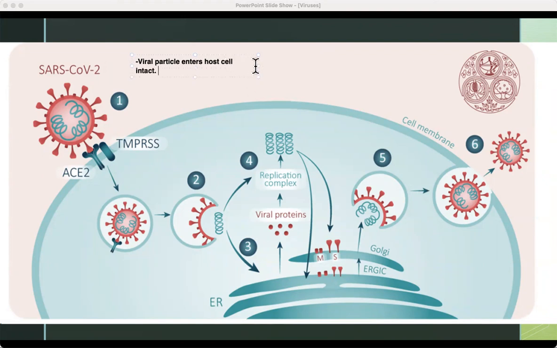Okay, so it enters the host cell intact. Then the viral capsid is degraded and the genetic material and enzymes are released. That's what you're seeing in step 2 here.